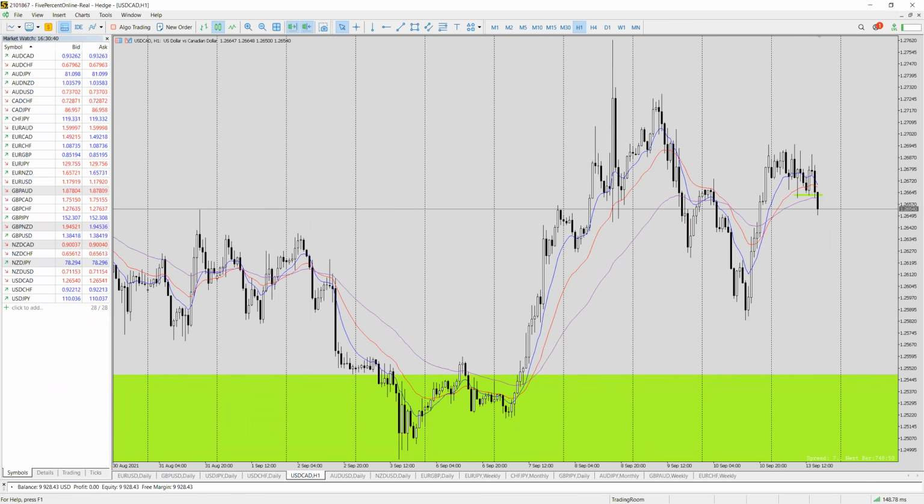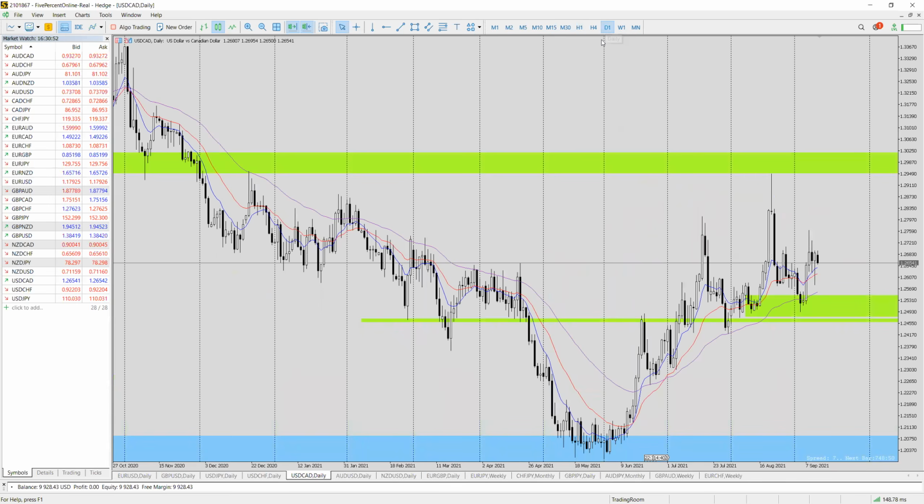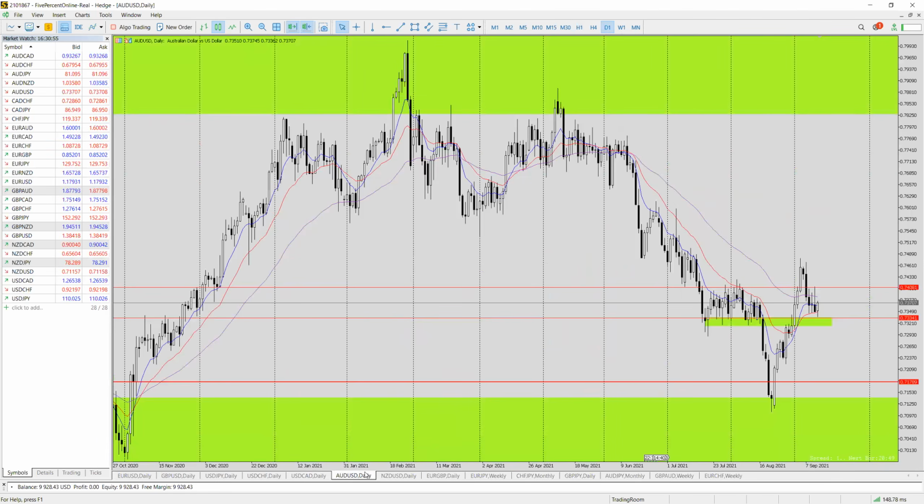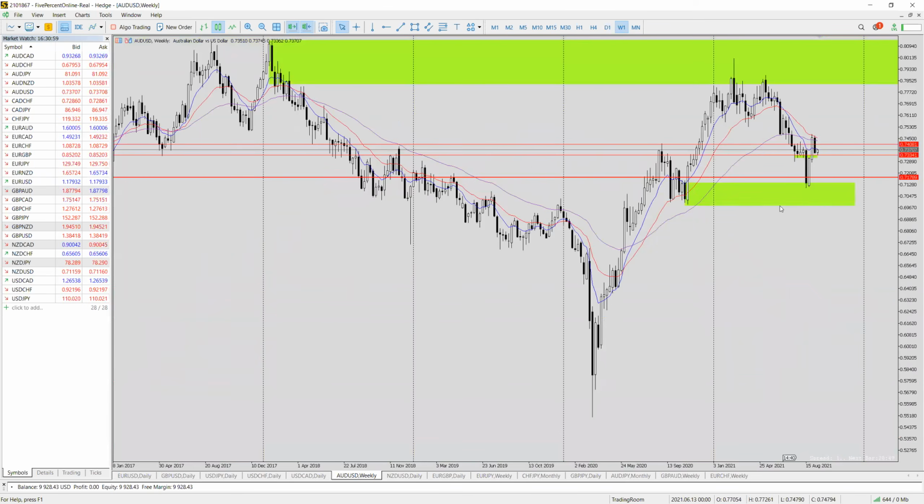Let's move on to Aussie dollar. Gabriela will also speak about Aussie Kiwi in a minute. After I speak about the Aussie and the Kiwi, I'll speak about the Aussie Kiwi itself. So Aussie dollar made a very nice move from this demand zone.